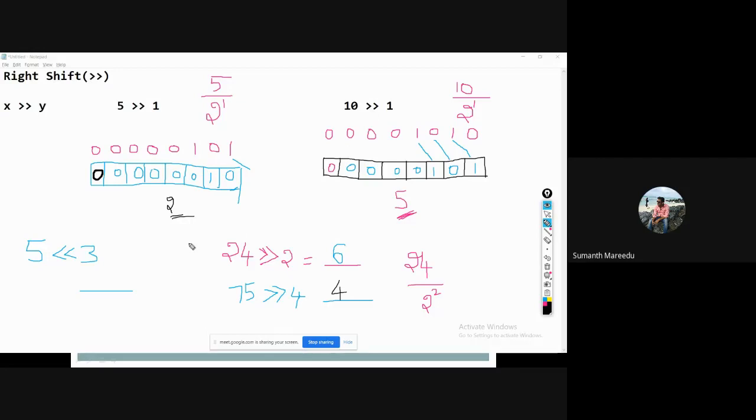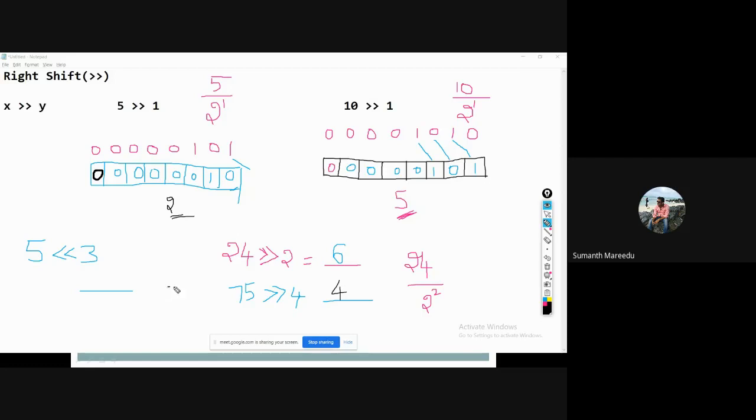If it is 5 by 2.0 or 5.0 by 2, if either the numerator or the denominator is a float value, then you can expect a float answer.